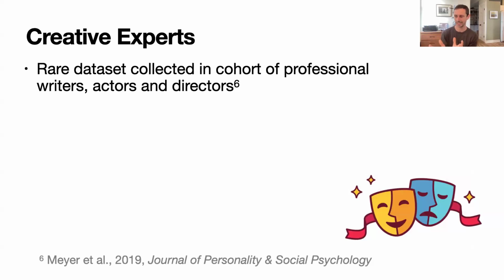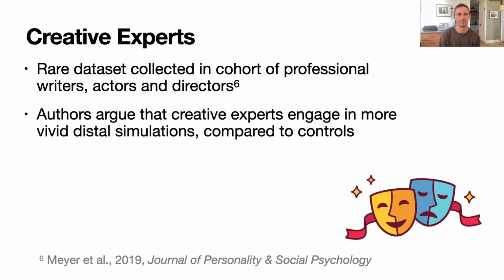And they had an age and gender control sample of professionals in, I believe, business, law, and medicine. So they found people of the same age and gender, in more creative professions and more traditional careers. They wrote up a paper in 2019 where they argue that creative experts engage in more vivid distal simulations compared to controls. That was their main finding.